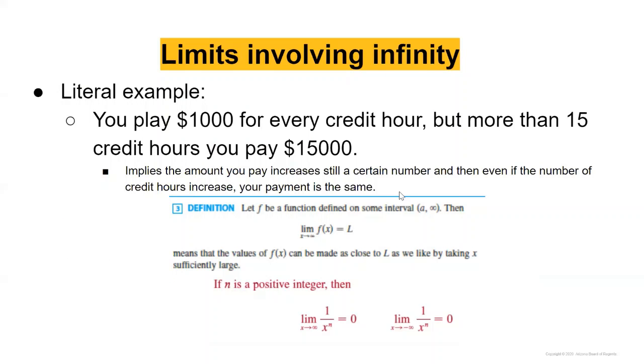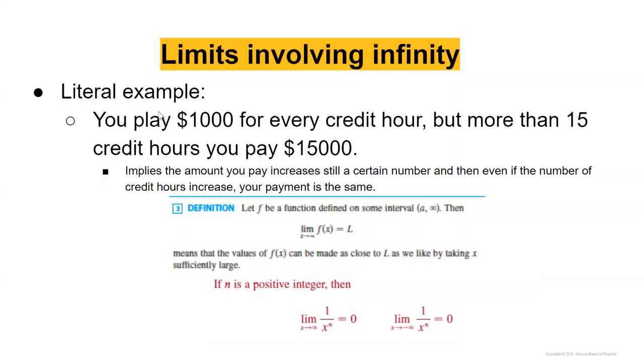Apart from that, we have a question of what to do when the limits tend to infinity, as in x tends to infinity. It talks about questions where, suppose you pay, apologies for that, $1,000 for every credit hour, but for more than 15 credit hours, you pay $15,000. So even if I'm taking 19 credit hours, I'm still paying $15,000.